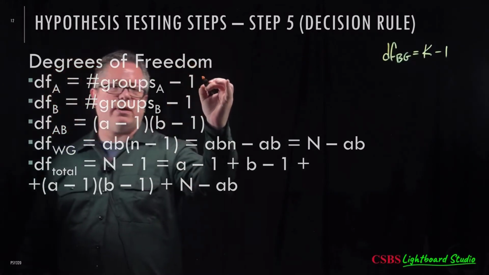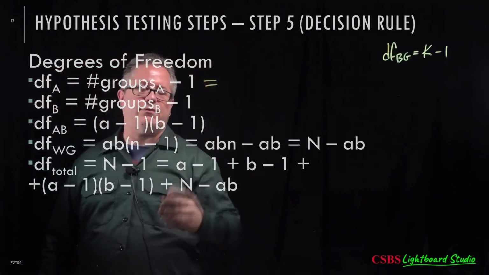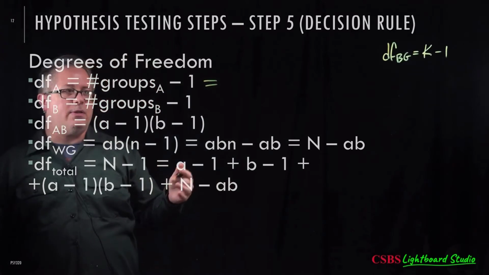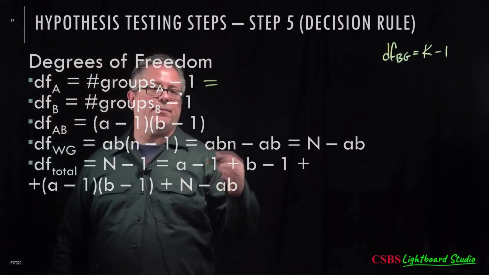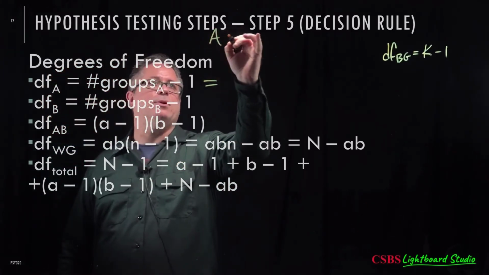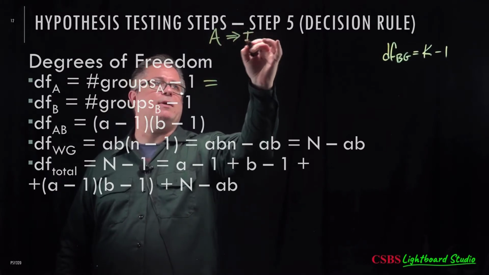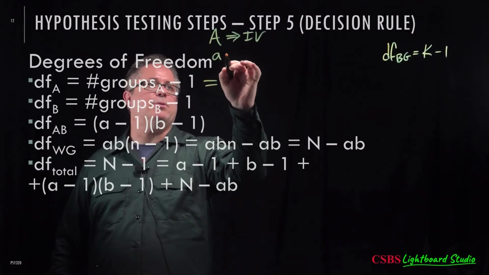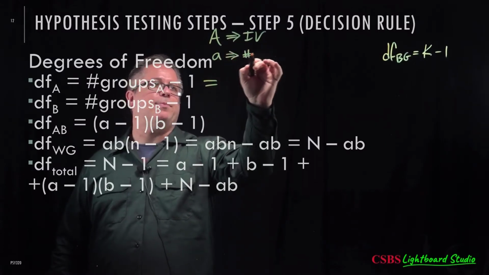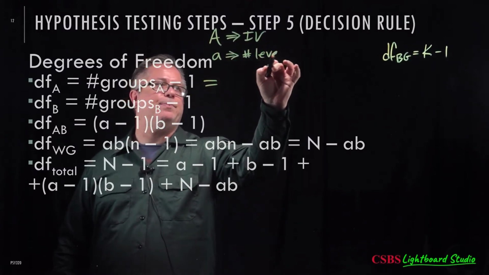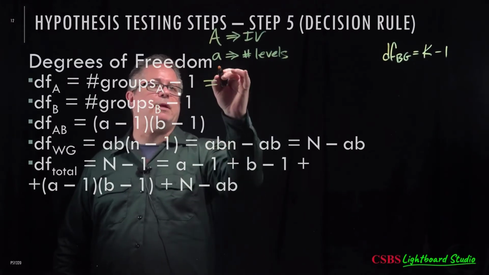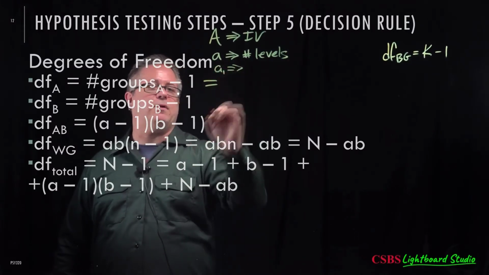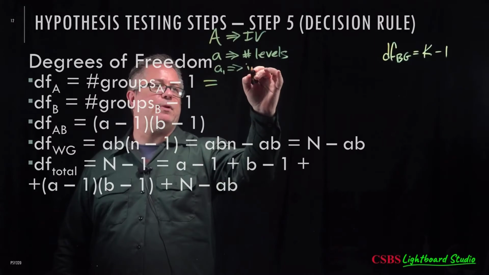The easiest way that you might see this written out, instead of using k, is where A refers to the actual IV, right? Well, little a refers to the number of levels on that IV. And if you have something like A1, that is an individual level, right?